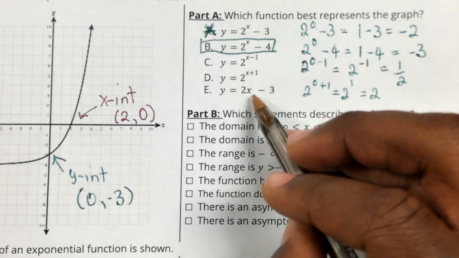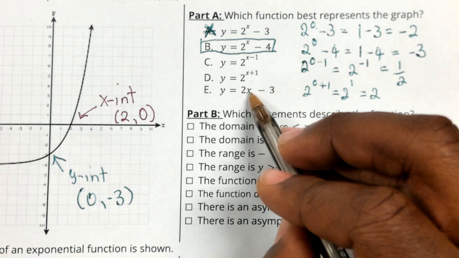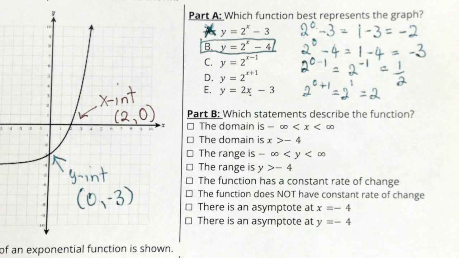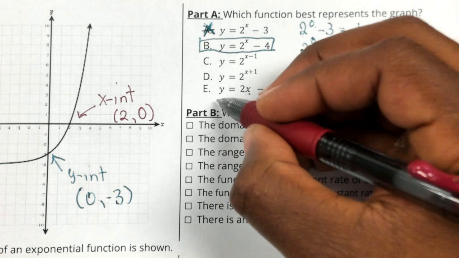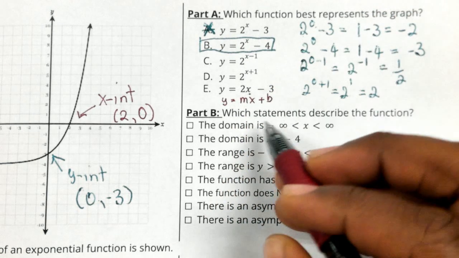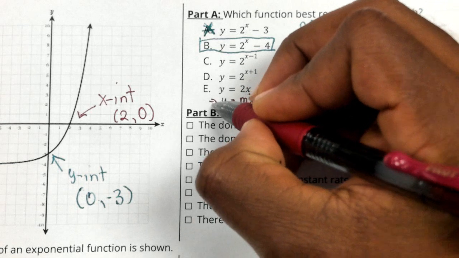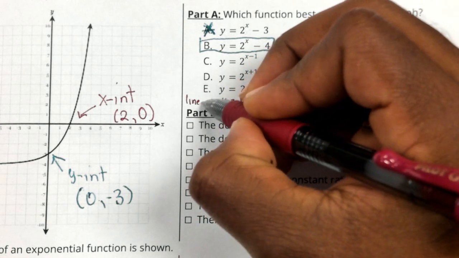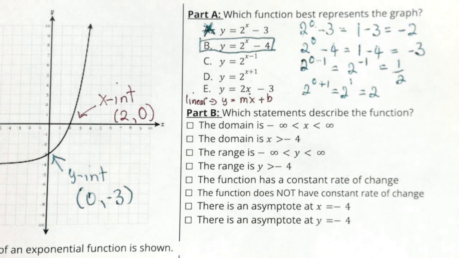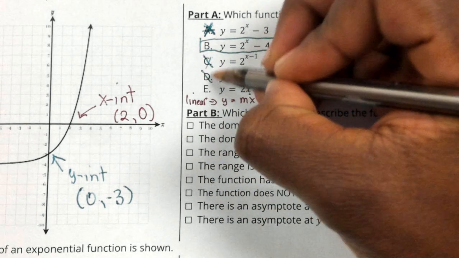Here, if I plugged in 0, this could possibly be correct. However, what does this look like? This looks like y = mx + b, and mx + b is linear, so that's why this one would be off. So all of these would be off.